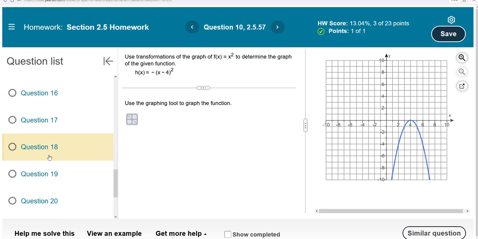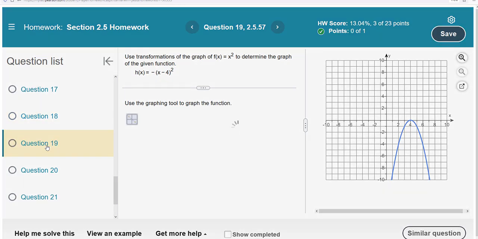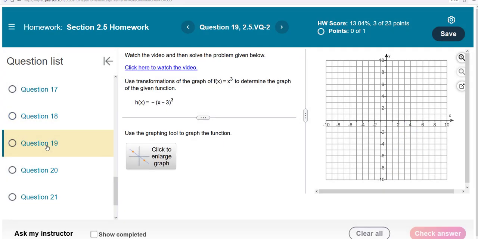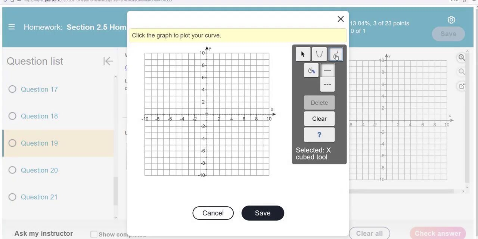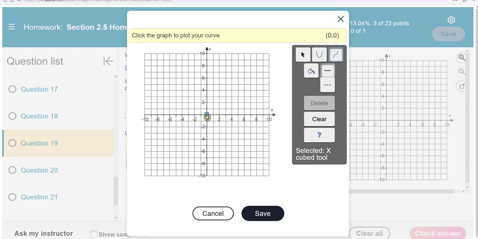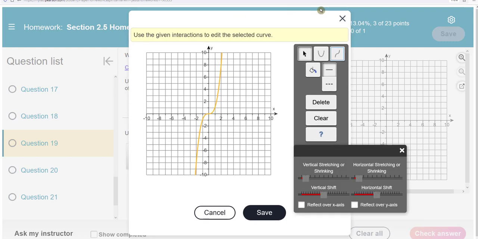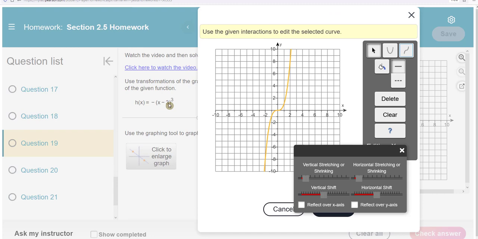The next one I want to do real quick is number 19. This time we're dealing with the graph of x cubed. And if you remember, I gave you a sheet with all the common graphs, and you should look on that sheet. This here is the graph for x cubed. Okay, but now it says -3, so that's a horizontal shift.